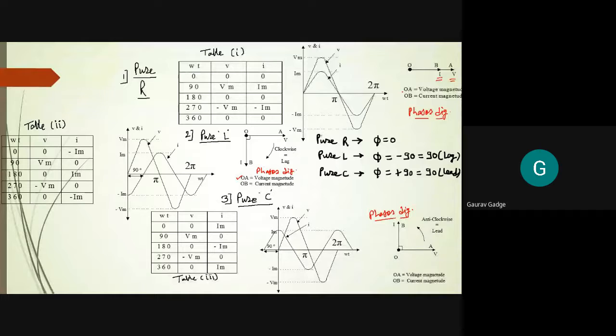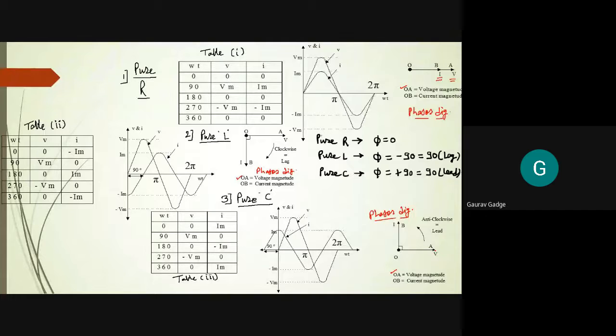In each of the three phasor diagrams, OA is the reference phasor, and that reference phasor is nothing but the voltage magnitude. The voltage magnitude is plotted on the x-axis, that is OA.